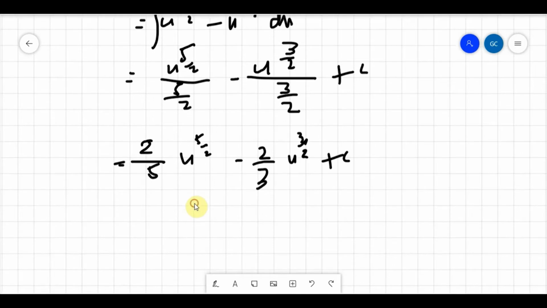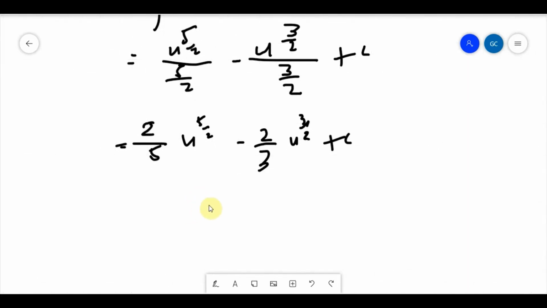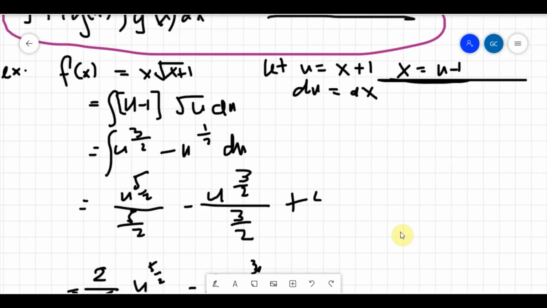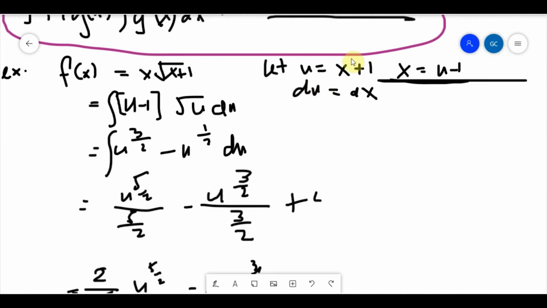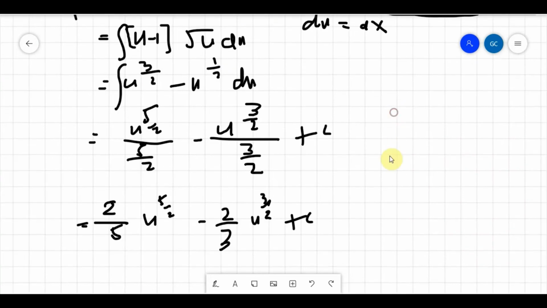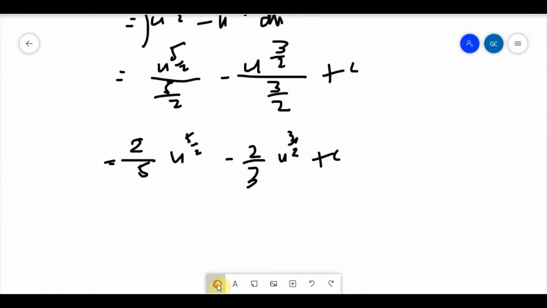Now we need to substitute back the original form. That means u is equal to x plus 1. So we need to get rid of u. We need to substitute back the x, the original formula.